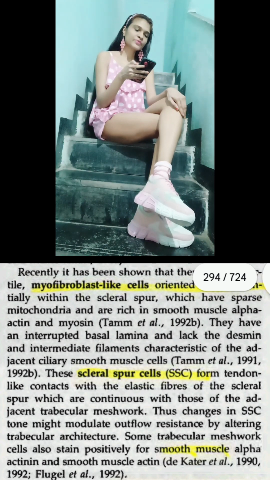Thus, changes in scleral spur cells, their tone might modulate outflow resistance by altering trabecular architecture. Some trabecular meshwork cells also stain positively for smooth muscle alpha-actinin and smooth muscle actin.